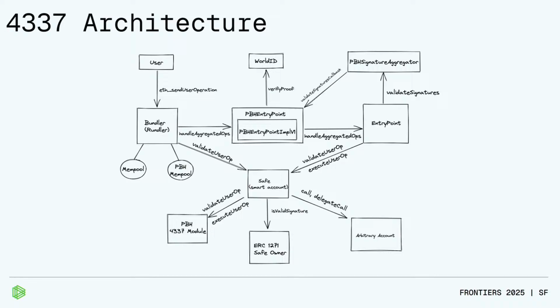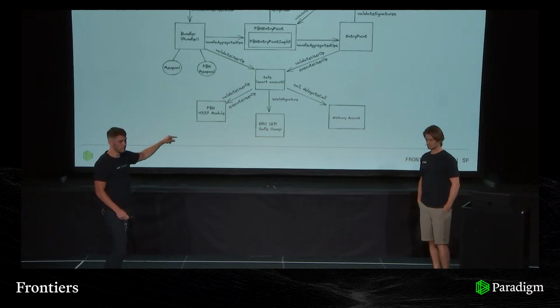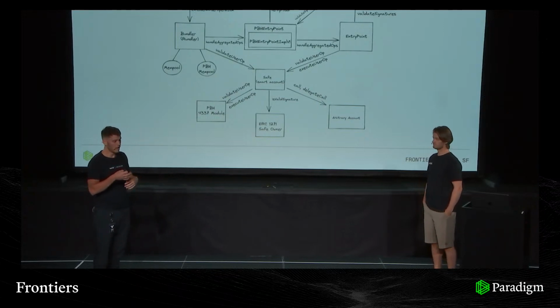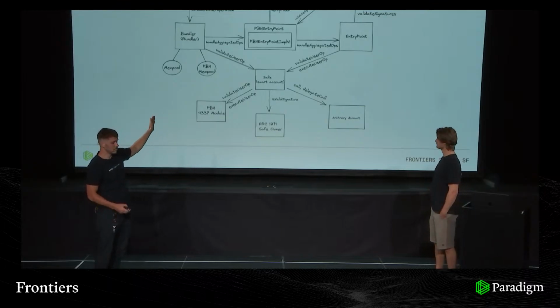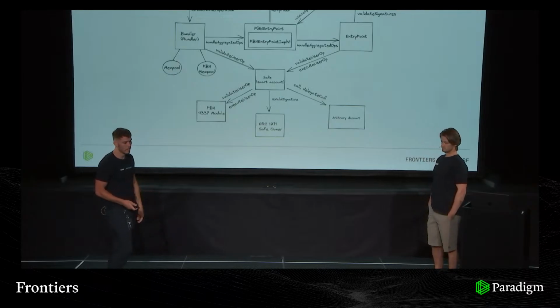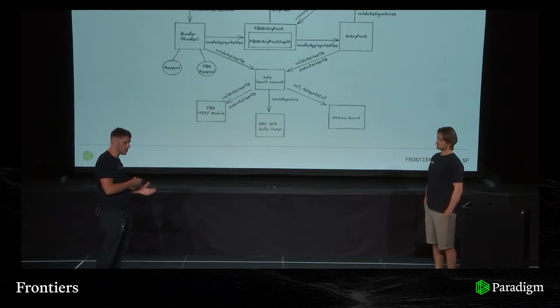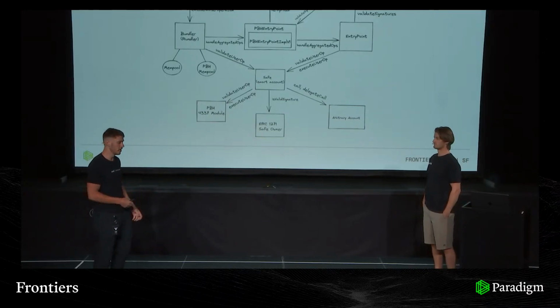And what this does is it creates a cryptographic link between the signature aggregator and the PBH entry point, such that the bundler has no control over whether the PBH user operations go to the entry point or the PBH entry point. It has to go to the PBH entry point to not revert. So the bundler cannot turn a PBH user operation into a regular user operation if they wanted to.